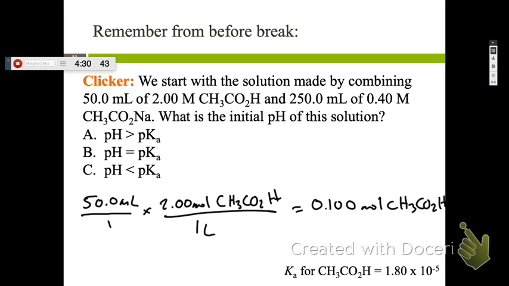All right, and how many moles of the other one do we have? And then what's the volume of each of those?